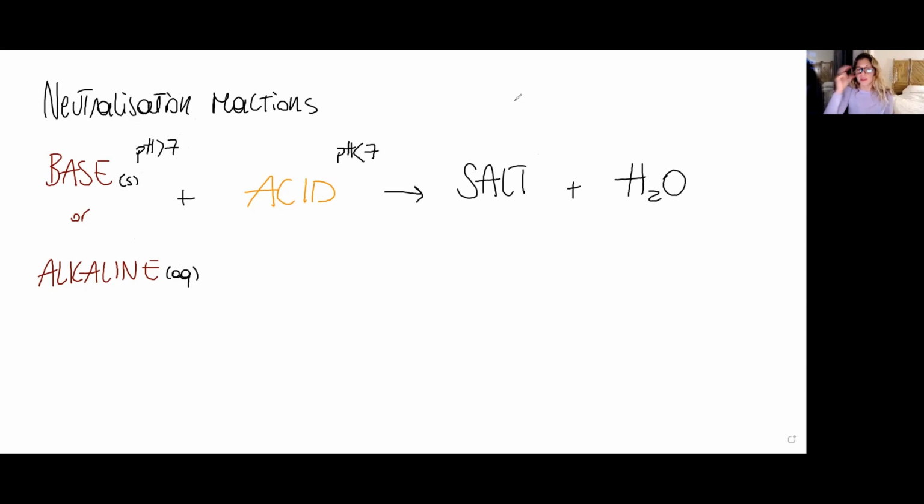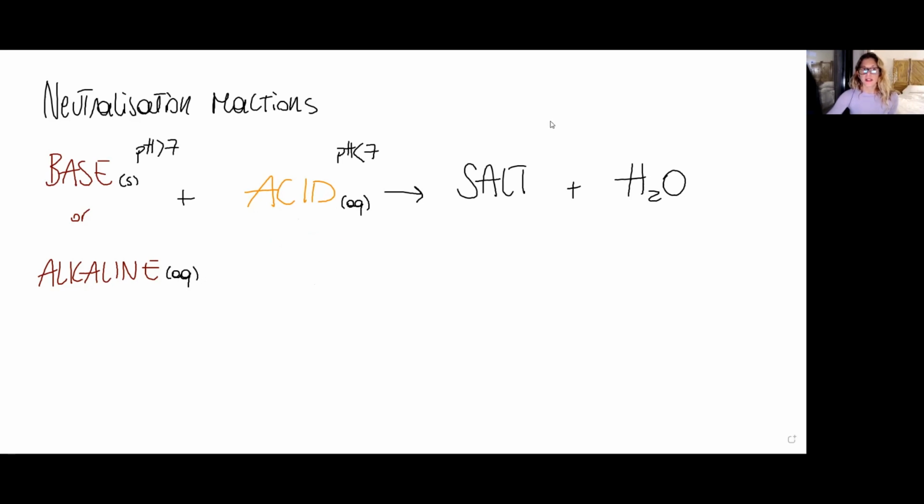Of course, it can also be in the solid state. An acid is always aqueous, because the definition of an acid is a proton donor in aqueous solution, and the proton is an H+ ion. That's why all the acids that we will see have this H+ ion. Then we will get to the salt.